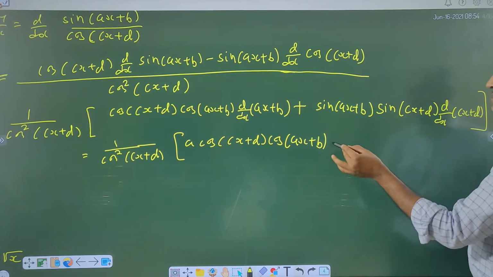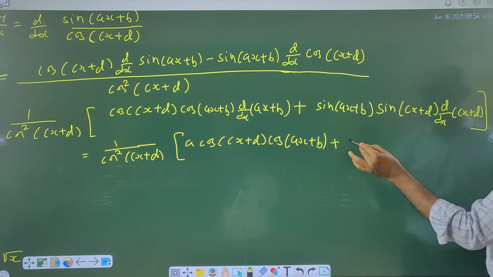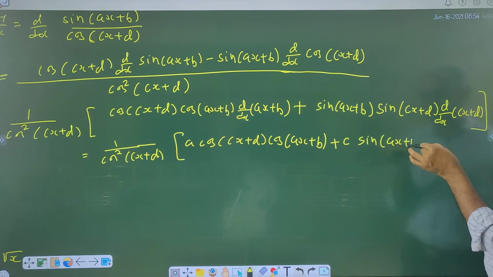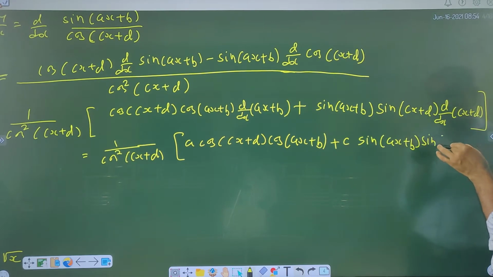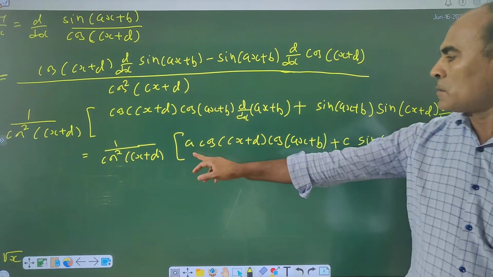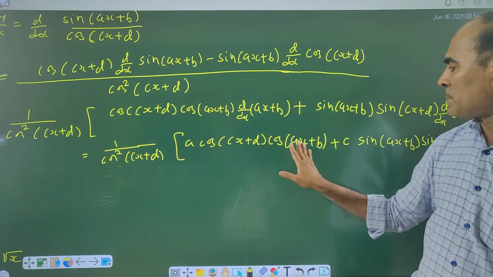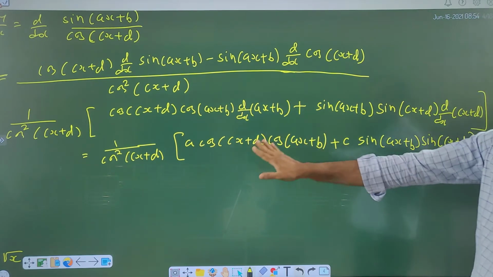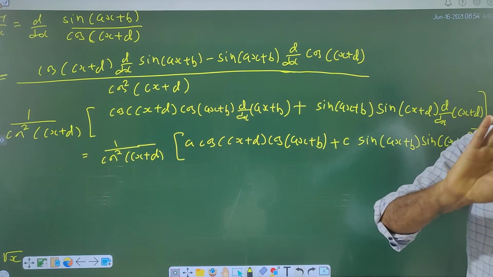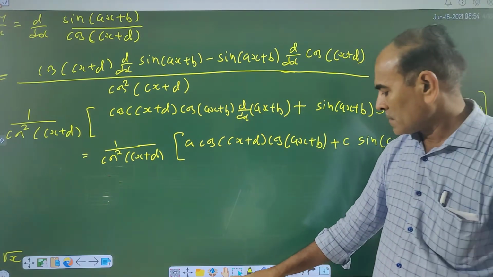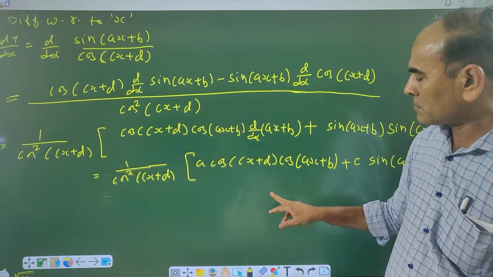Derivative of cx + d is only c: c sin(ax + b) sin(cx + d). This is the answer. We can't simplify it because a and c are there. If a and c were not there, cos alpha cos beta plus sin alpha sin beta would come out as cos(alpha minus beta). But here it is a and c, so leave it as it is. This is the answer. Next question.